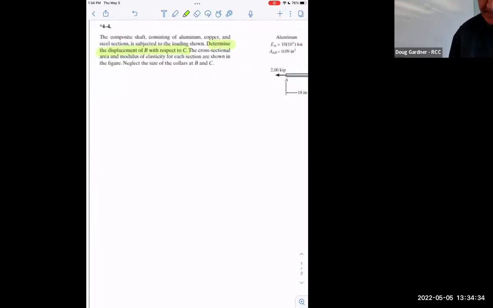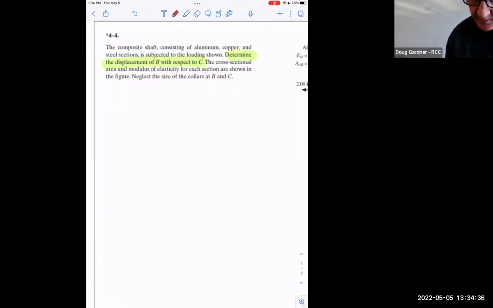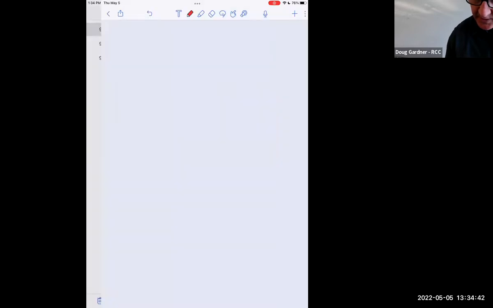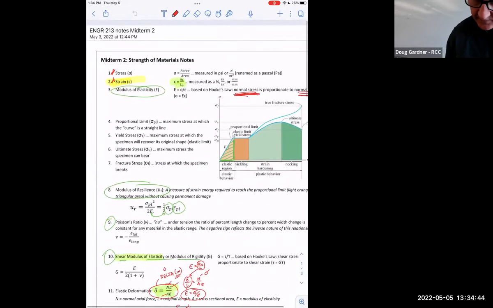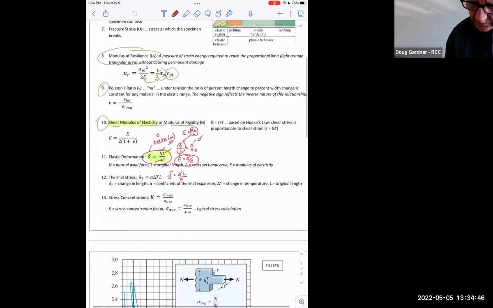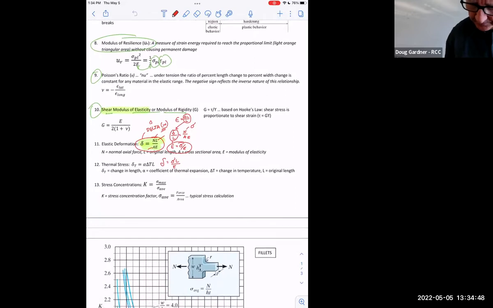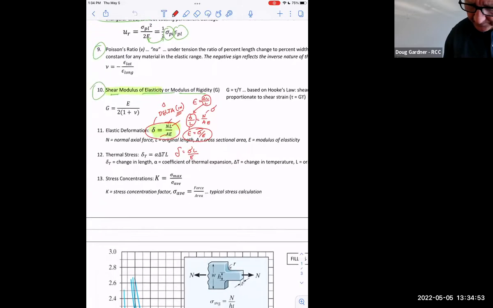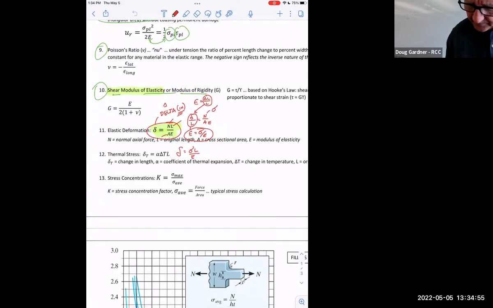It's just that now the fundamental formula is delta. Actually, let me check really quick in my note sheet. Notice down here, I told you N is the normal axial force, L is the length, A is the cross-sectional area, E is the modulus.